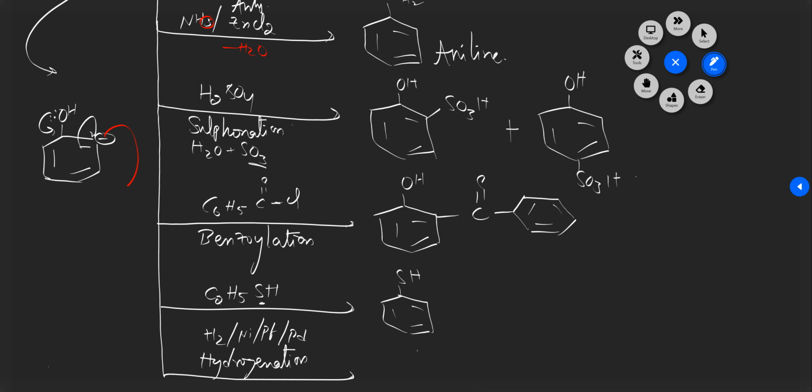Thiophenols are going to be formed plus C2H5OH. This one is called thiophenol, replacing oxygen with sulfur.